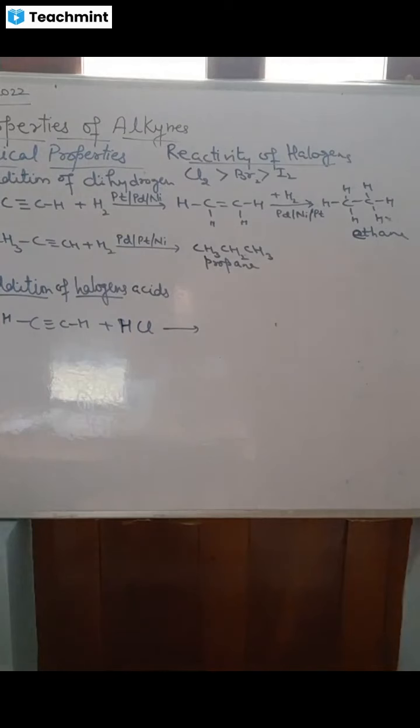When HCl reacts with this compound, what will be formed? Now, when these compounds react with hydrogen halides HCl, HBr, or HI, they form geminal dihalides.